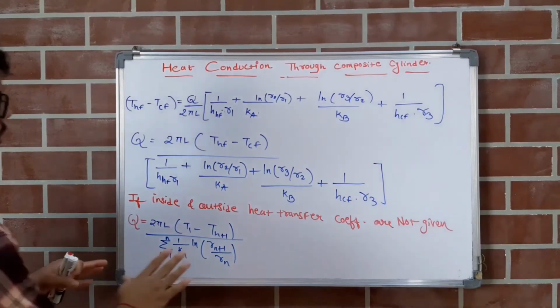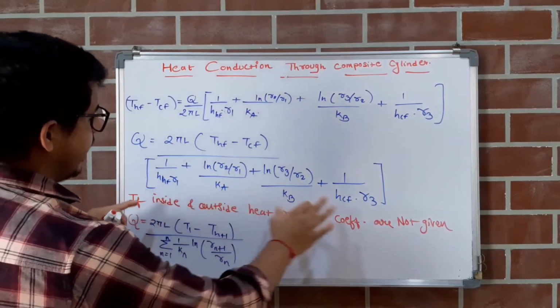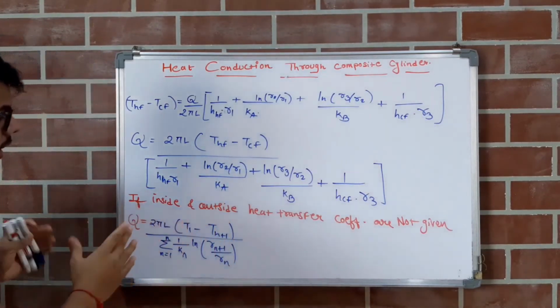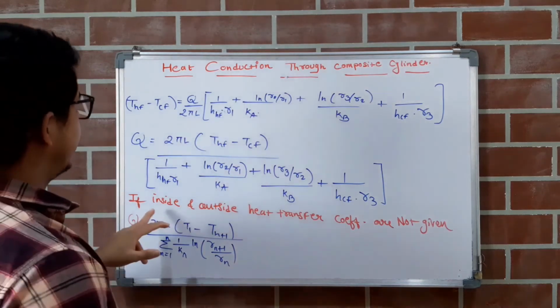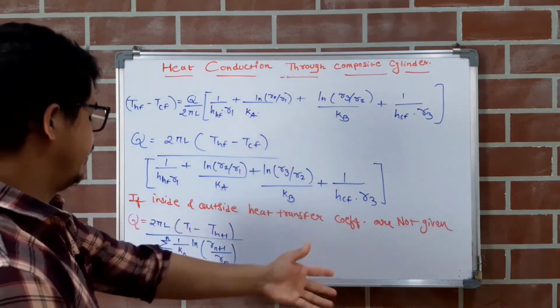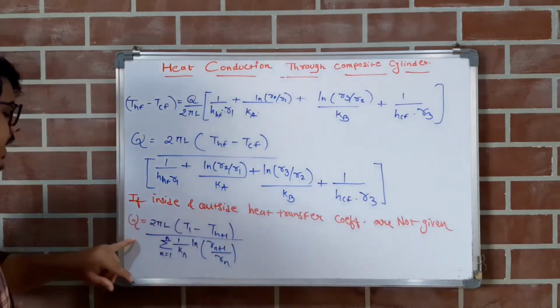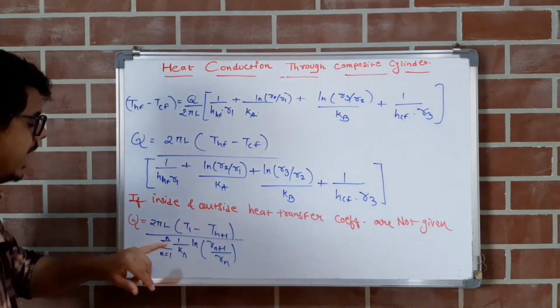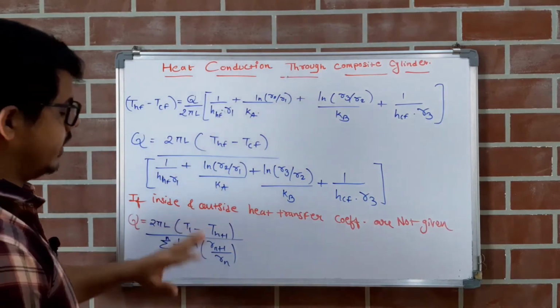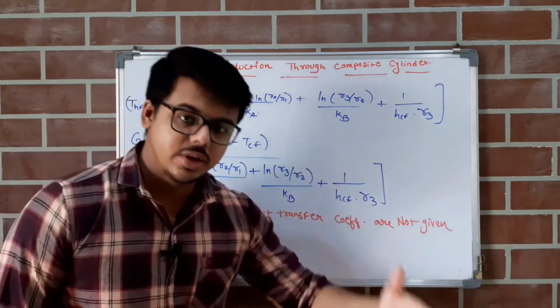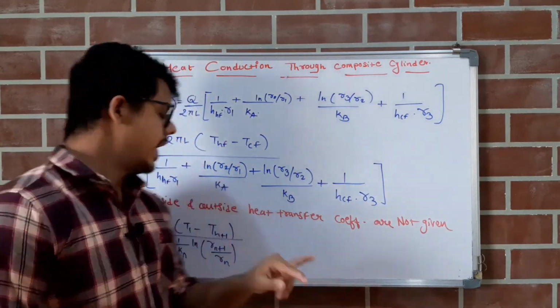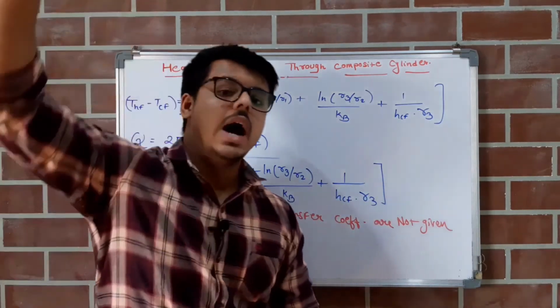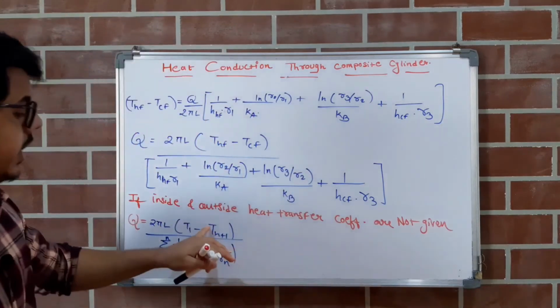So we had removed the part of HHF and HCF because it is not given in the equation. So if inside and outside heat transfer coefficient are not given, then only we have to write this formula that Q is equals to 2 pi L into T1 minus Tn plus 1. What is T1? T1 is the innermost temperature of the hollow cylinder, and this Tn plus 1 means the outermost temperature of the hollow cylinder.